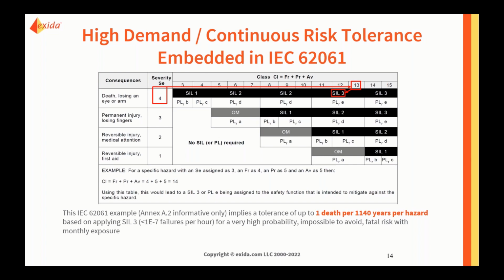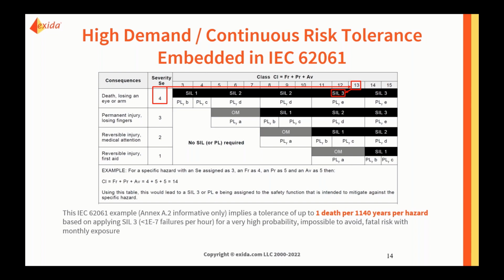Again, that 1 times 10 to the minus 7 dangerous failures per hour. So anytime you choose to use either the 13849 or the 62061 example methods as is, the embedded assumption of a risk tolerance of 1 death in every 1,140 years comes along for the ride.